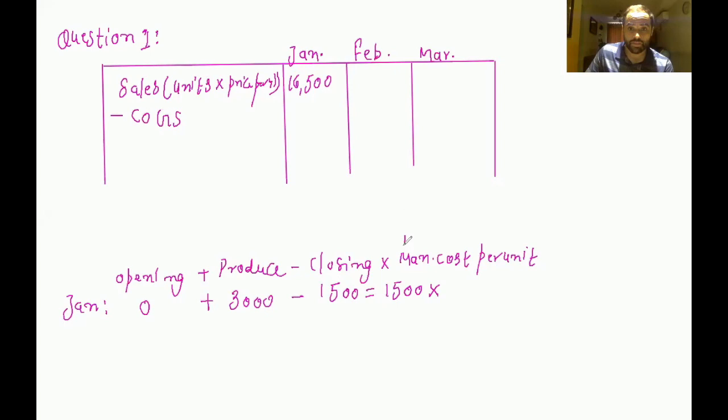So manufacturing cost per unit is direct material, direct labor plus overheads.